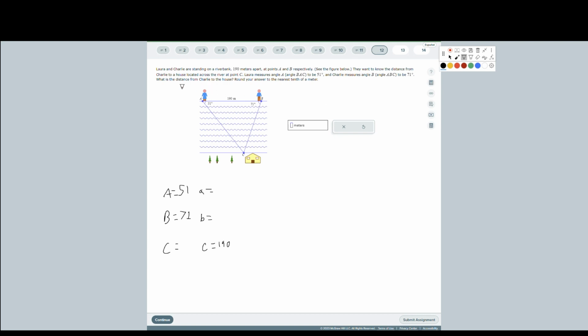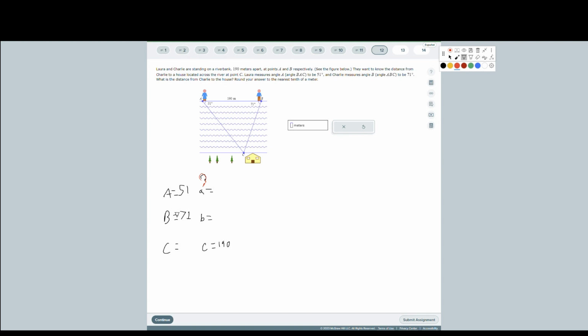And so at this point, I am looking for the distance from Charlie to the house. So I'm looking for this distance over here, which is going to be my A distance. I'll mark that so I can see it better. If I want to find the A distance, how am I going to do this if I don't have anything to compare it to?